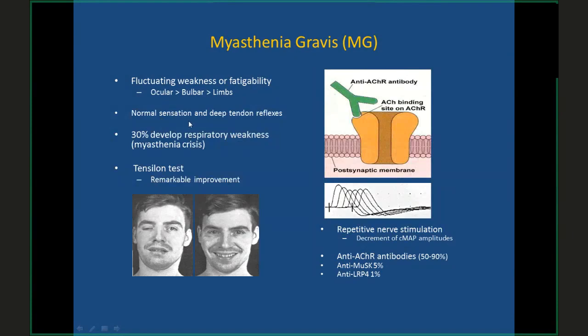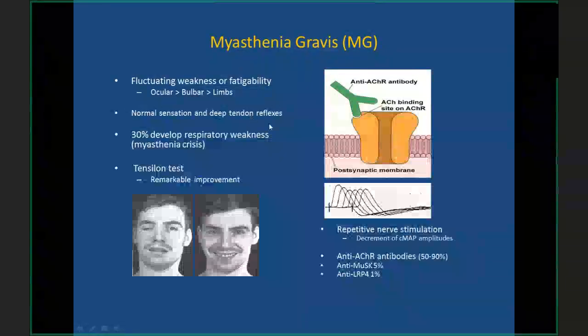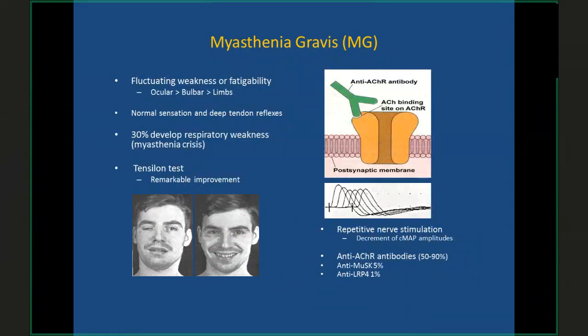When you examine the patient, the reflexes are relatively normal, so that's different from GBS. About 30% of patients develop respiratory failure, called myasthenic crisis. Triggering factors include many things. The most common is surgery.